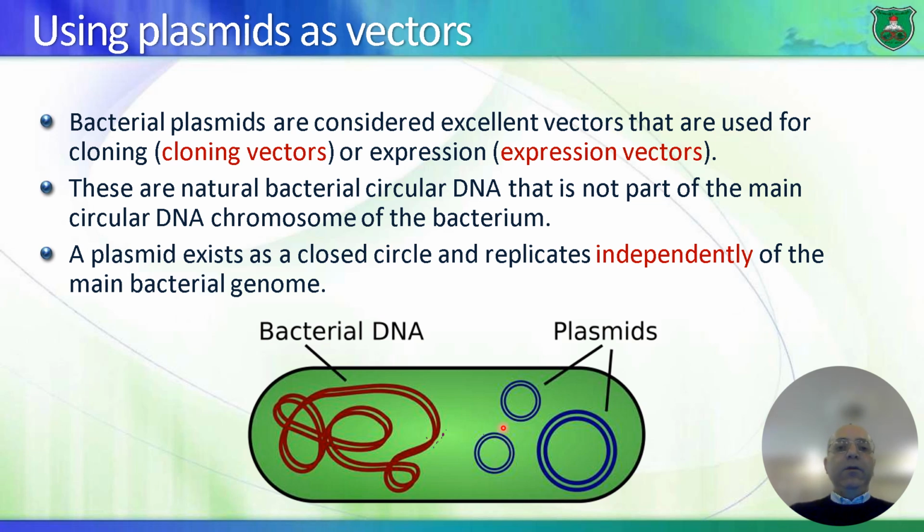Okay, and when we say modify them, this is exactly what we're talking about. We're talking about genetic engineering. That is, we engineer genes, or pieces of DNA, such as plasmids. Okay, so that's what plasmids are.